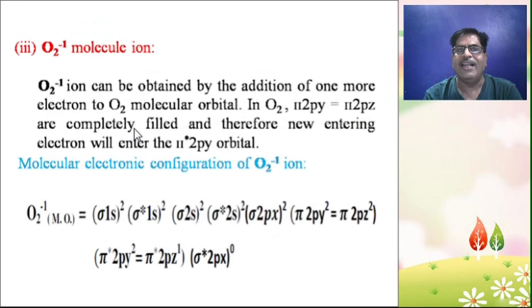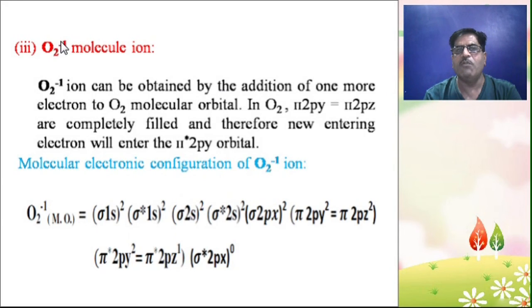Now let's see the O2 minus 1 molecule ion. How is O2 minus 1 obtained? The O2 minus 1 ion can be obtained by the addition of one more electron to the O2 molecular orbital. In O2, pi 2py and pi 2pz are completely filled, and therefore the new entering electron will enter the pi star 2py orbital. So what is the molecular electronic configuration?